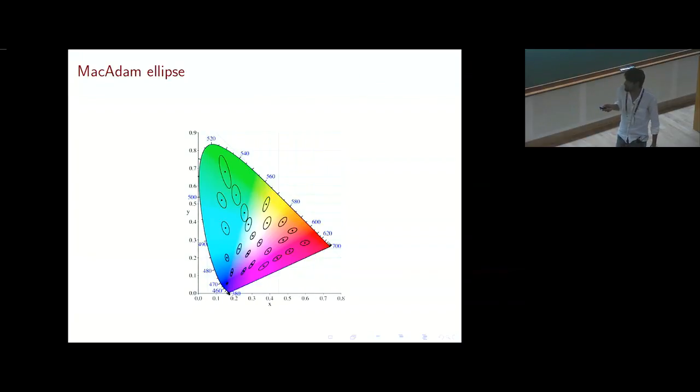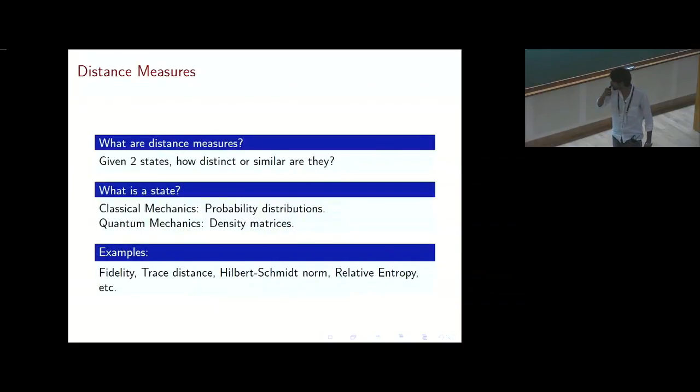So what do we mean by distance measure? If you are given any two states, quantum or classical, how similar or different are they? And by state we mean probability distributions or density matrices. A few examples would be fidelity, trace distance, Hilbert-Schmidt distance and others. But what do they signify in reality?